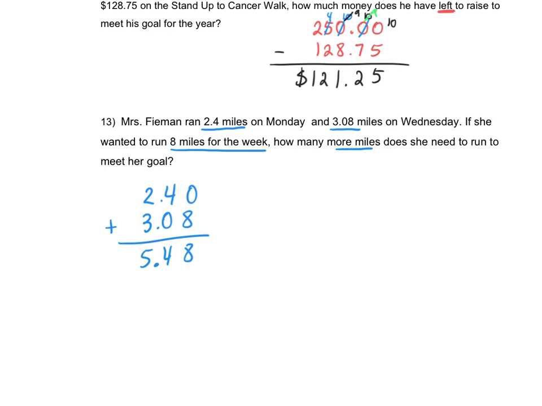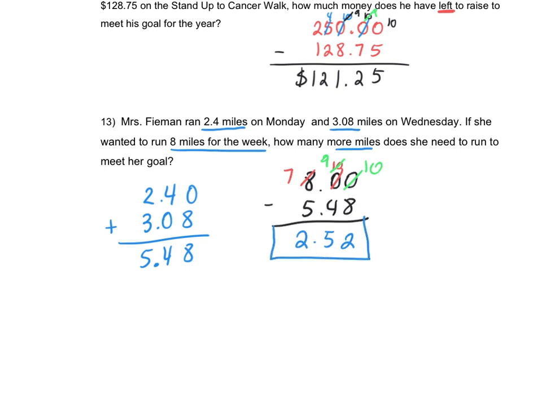If I need to run 8 miles for the week, now I need to subtract. So again, line them up. Right, and again, I'm gonna change that to a 9, this into a 10, and now I'm gonna do my subtraction. And I have 2 miles and 52 hundredths left to run. Okay, so Mrs. Feynman needs to keep running.